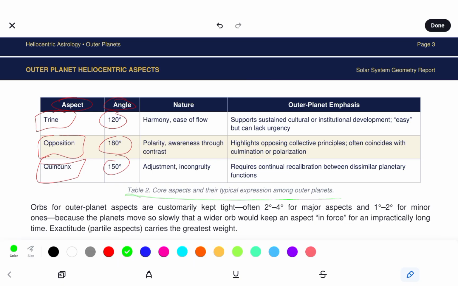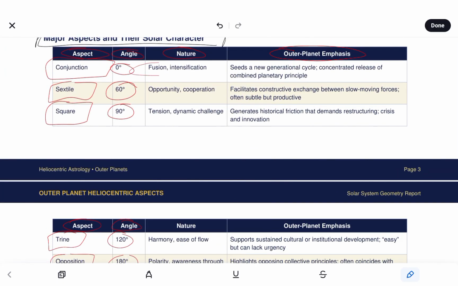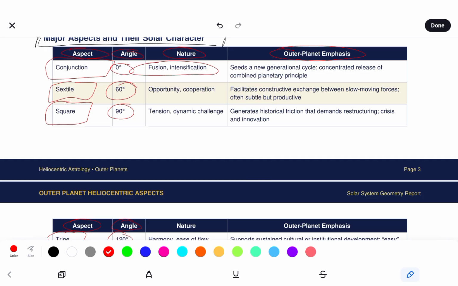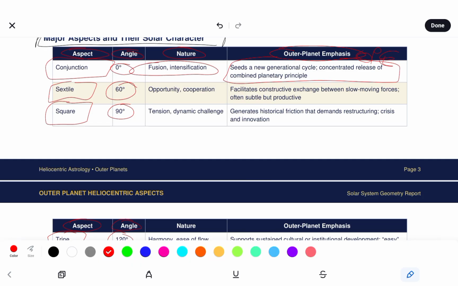This table shows us core aspects and their typical expression among outer planets. And then we also get to see the nature, so fusion and intensification for conjunction, and the outer planet emphasis: a new generational cycle, a concentrated release of combined planetary principle.